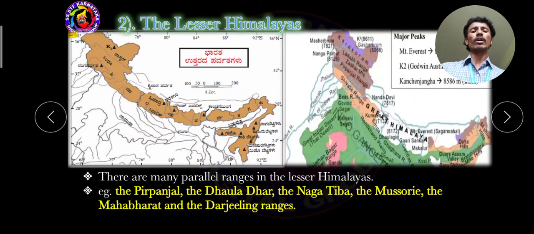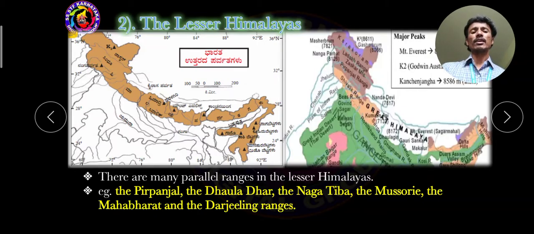Let's see what the main ones are. The first one is Pirpinjal, next Dhauladhar, Nagtibba, Mussoorie, Mahabharat and Darjeeling ranges. These are the parallel ranges we find in the Lesser Himalayas.